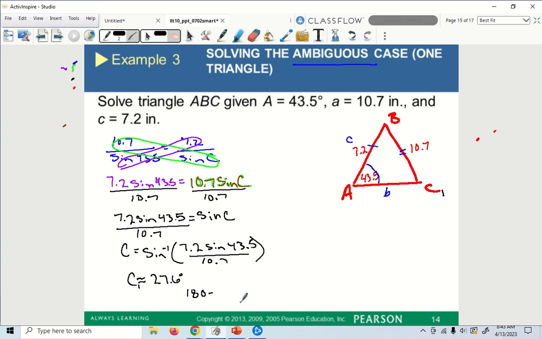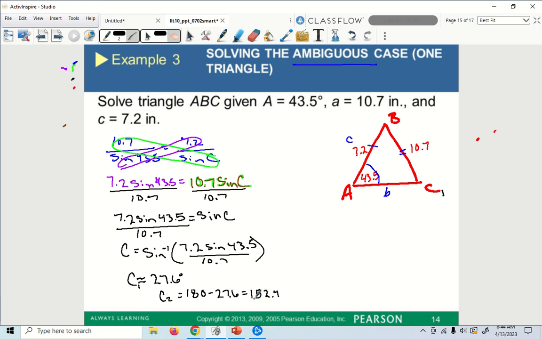That's going to tell you if you have a second triangle. You do 180 minus 27.6, which gives me 152.4. Okay, so this would be my C2, right?